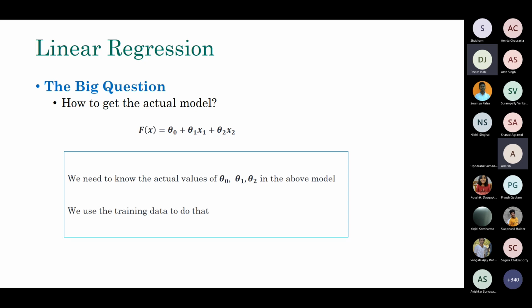And the only thing that you can make use of is the training data that somebody gave you, where you had all these x's, x1, x2, x3, etc., and also the corresponding y values, the output. You use this training data to estimate the model parameters theta 0, theta 1, and theta 2. That is more or less the route that we take in machine learning.